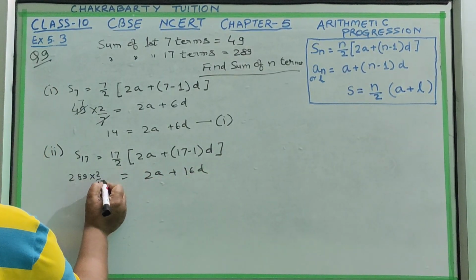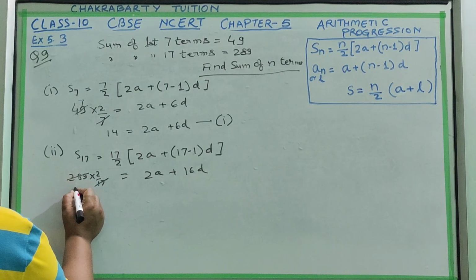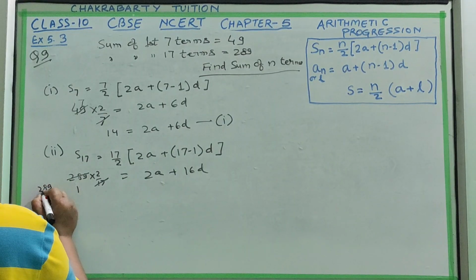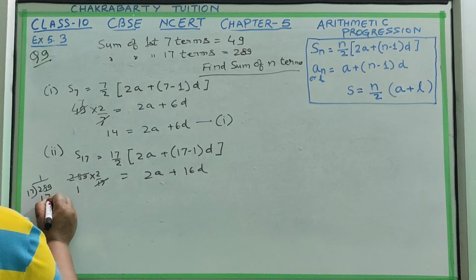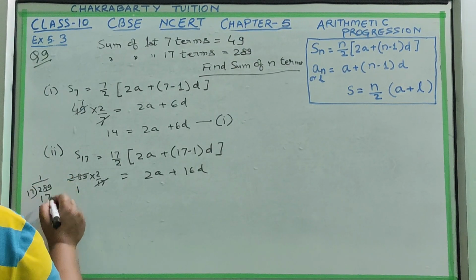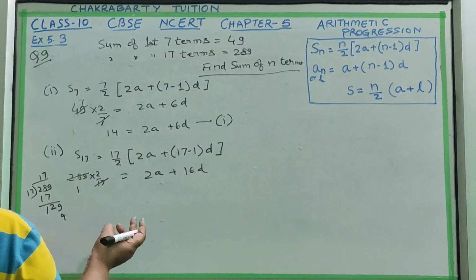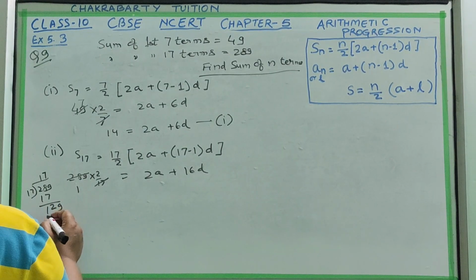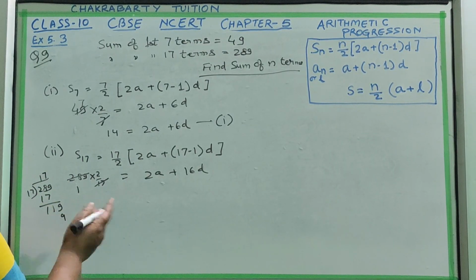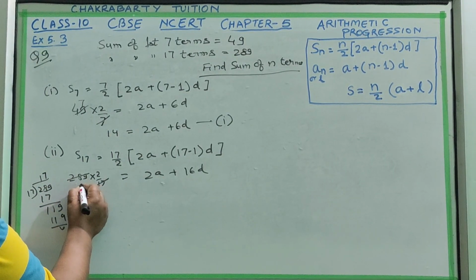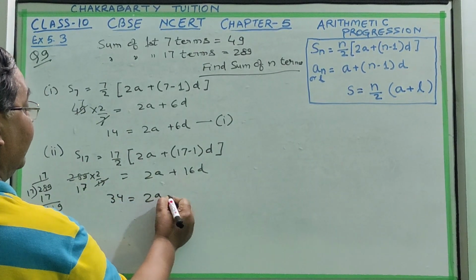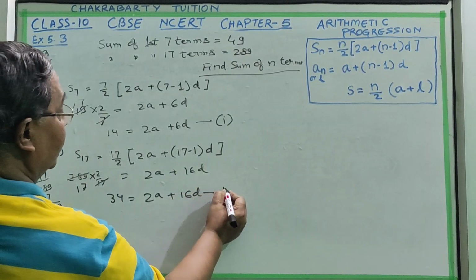So here if you cut, 34 is equal to 2a plus 16d. So it is your equation number 2.